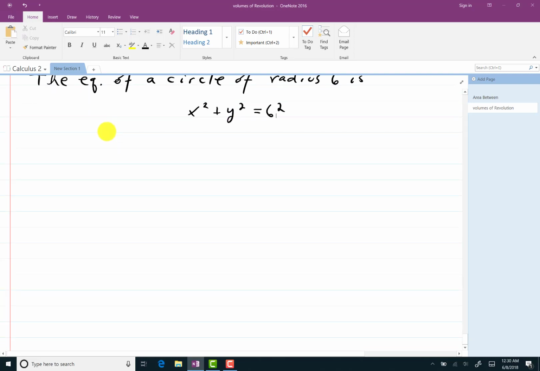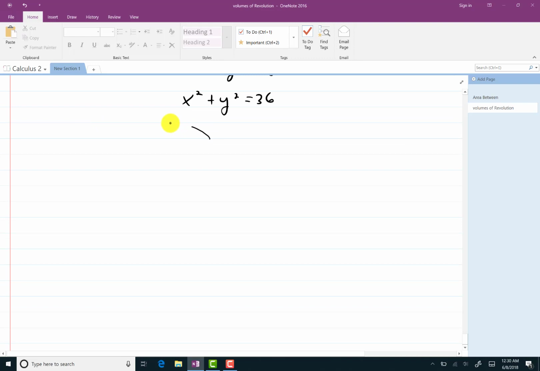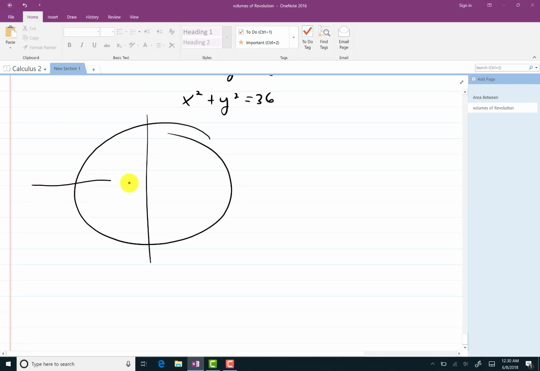In other words, I get x squared plus y squared equals 36. Now, if you graph that, you, of course, will get a circle of radius 6, with 6, negative 6 on the axes. This is way more than we need for our purposes.